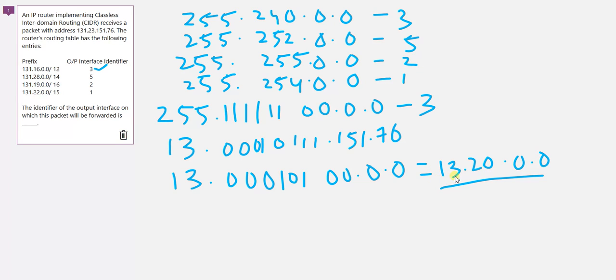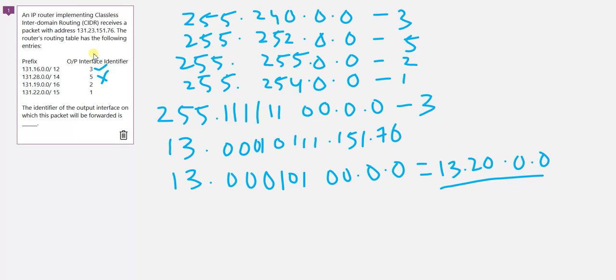So the network ID is 131.20.0.0, but the network ID given in the table is different, so this is not matching. The packet does not belong to this network.